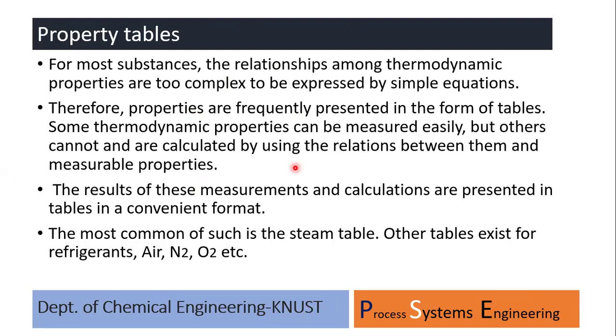So we can get properties of thermodynamic systems from tables, and we send the material to you once again, so we can easily reference it, right? So these properties are usually presented in the form of tables. Some of them we can measure easily, some we can't. So the ones we can't easily measure, we can always go to a table for confirmation.